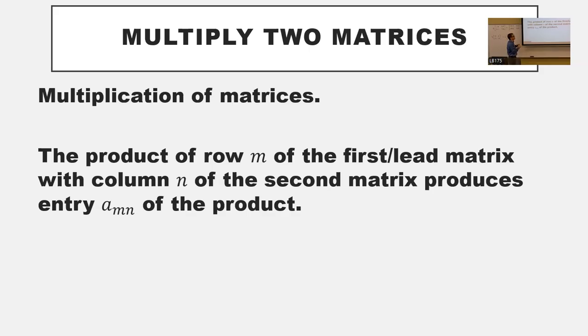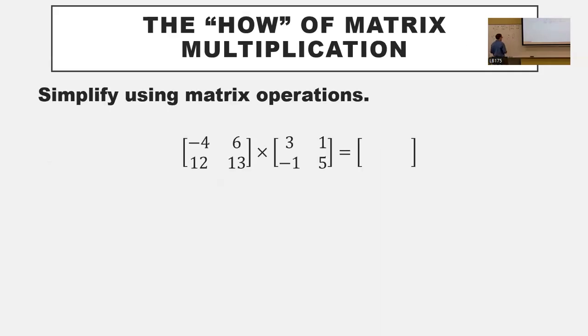And that is going to produce the M, N entry of the resulting product matrix. We'll do this more next time, but I'll go through an example so you can see. Okay. Let's say we're going to multiply these two matrices.